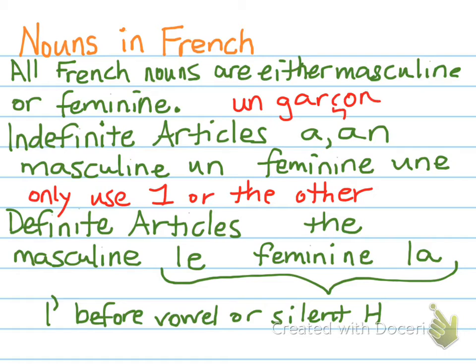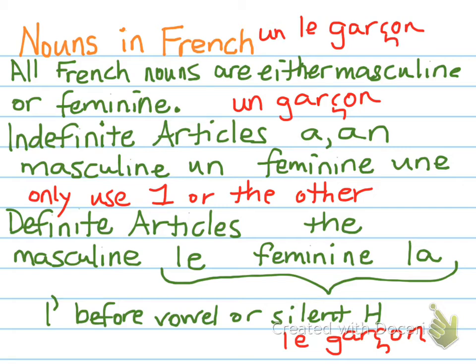If I want to say the boy, I'm going to say le garçon. I'm never going to use both un and le with garçon at the same time, because that would be like saying a the. So we're never going to do un le garçon. Okay, so never, never do that. You don't use both articles. You use either the indefinite articles that mean a or an, or the definite articles that mean the.